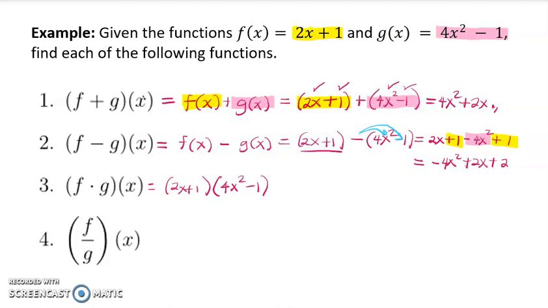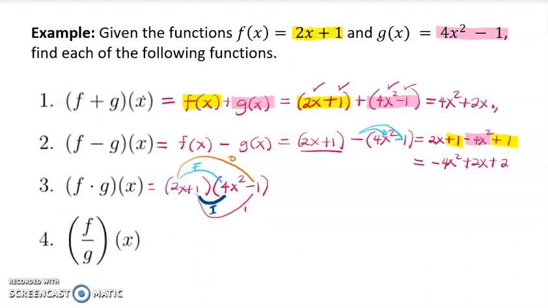F is for the first terms, O is for the outside terms, I is for the inner terms, and L is for the last terms.